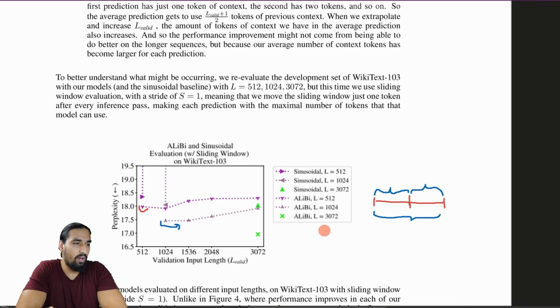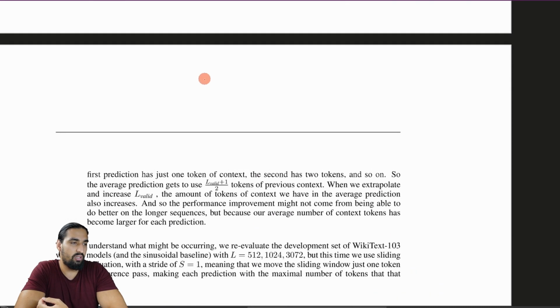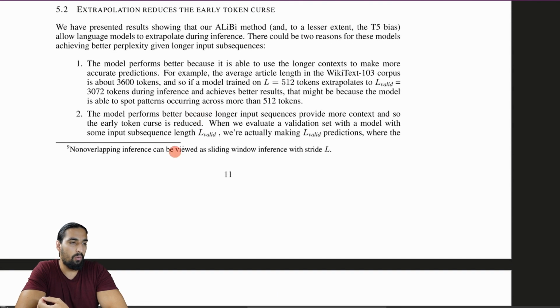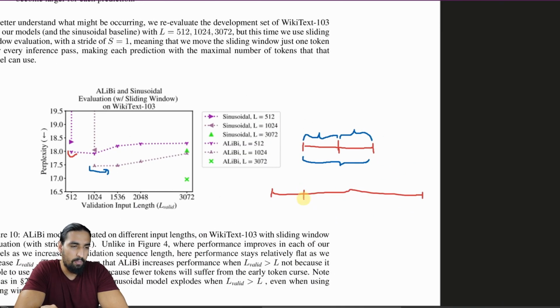So basically, if you have a really long sequence, when they're doing the non-overlapping inference, I guess they are trying to explain exactly how those results are better on longer sequences. I mean, you're going to chunk this up into, let's say, 512, and that means every time when you come here, these initial tokens will not have the previous context, so they will not be able to reference this information here.